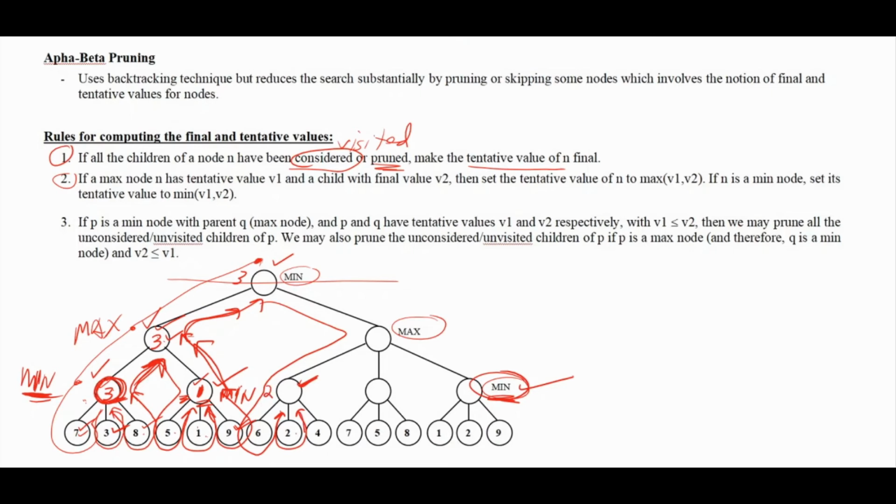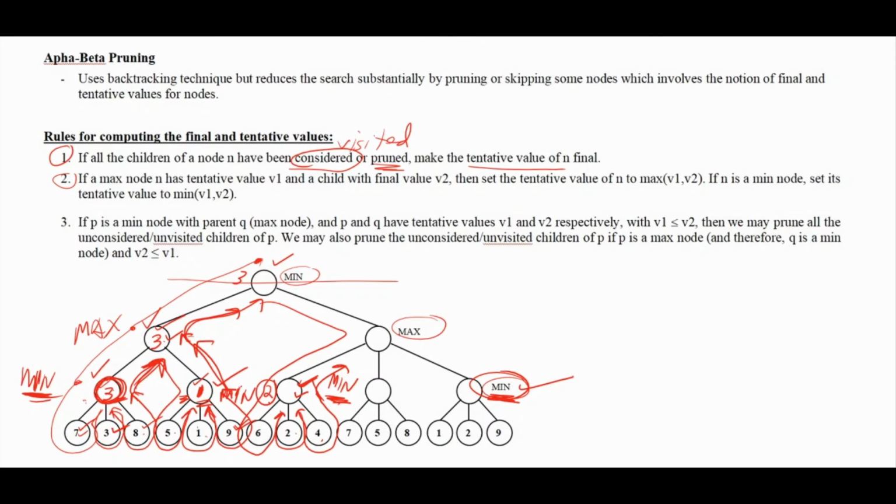And then we go down to visit the leaf with a final evaluation value 4. When we go up to visit this node again, we update the value of this node by getting the minimum, because this is a min node, between 2 and 4. The minimum is 2. And then when we go up, that tentative value becomes final.